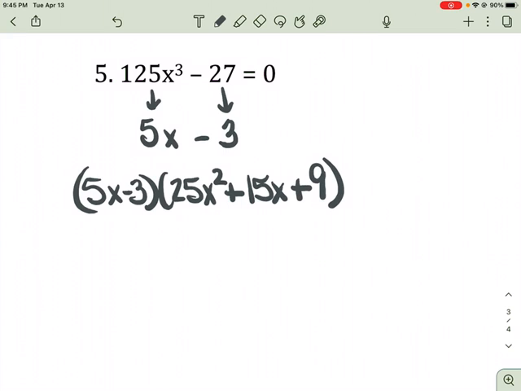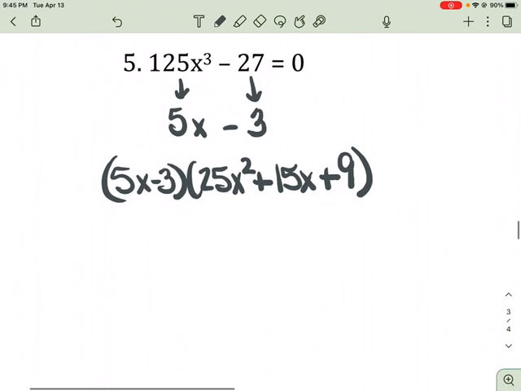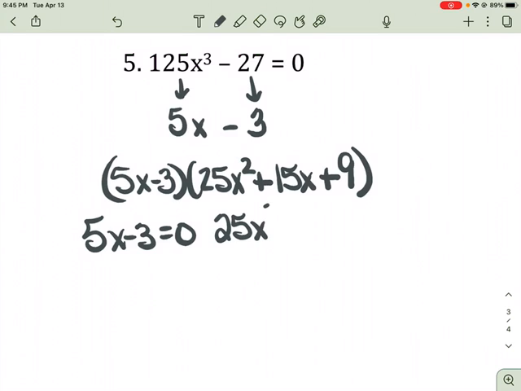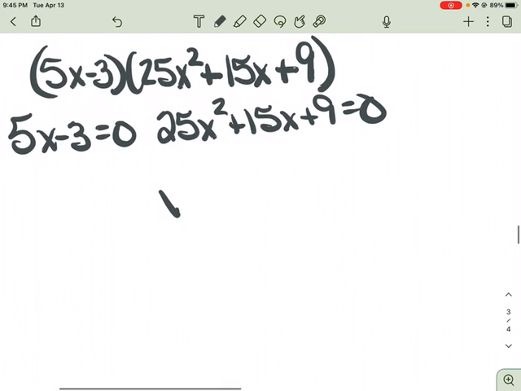Okay. All right, so this guy we can set equal to 0. But when I set 25x squared plus 15x plus 9 equal to 0, it does not factor, so therefore we use the quadratic formula.